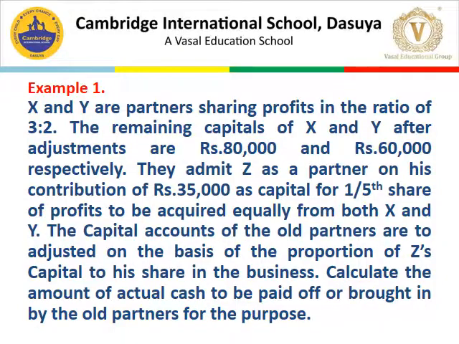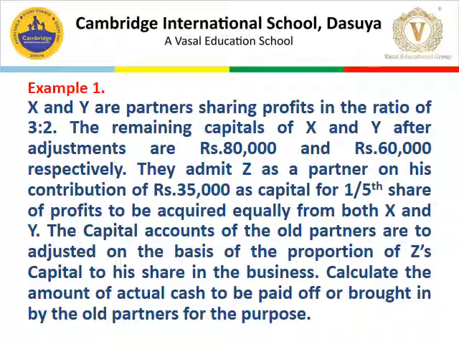For example, X and Y are partners sharing profits in the ratio of 3:2. The remaining capitals, that is the adjusted capitals of X and Y after all adjustments, are 80,000 and 60,000 rupees respectively.